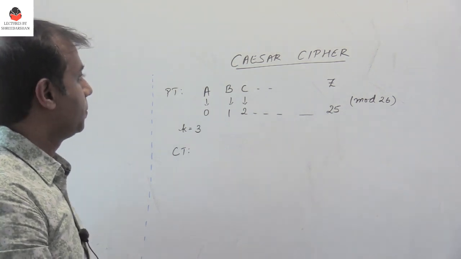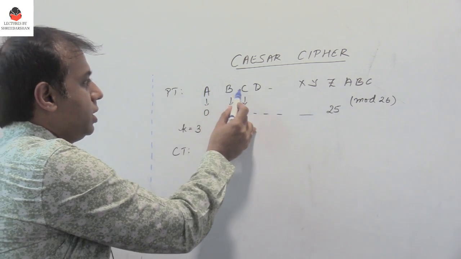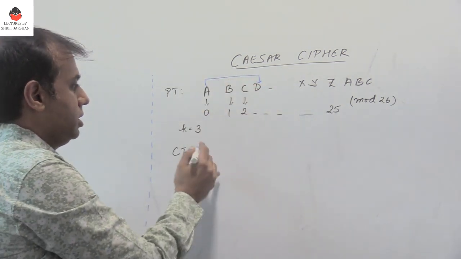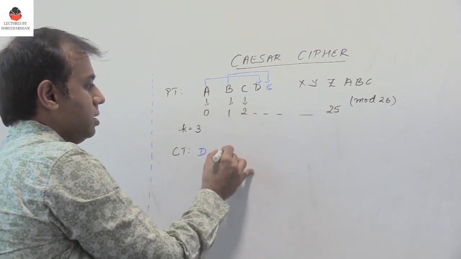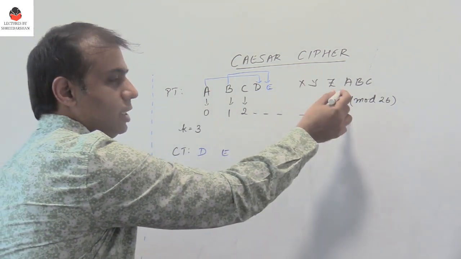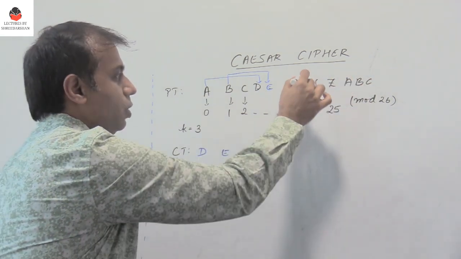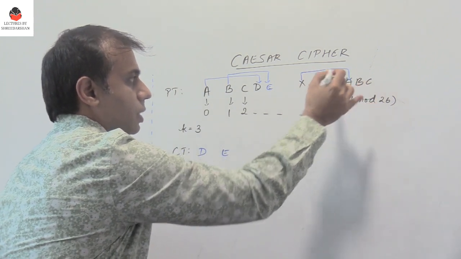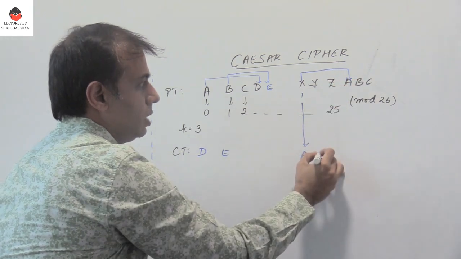For example, if I consider character A, I shift 3 times, so I get B, C, D. So A is replaced by D, B is replaced by E, and so on. What about X? Again you shift 3 times, wrapping around. After Z, again I write A, B, C. So X is replaced by A, Y by B and so on.